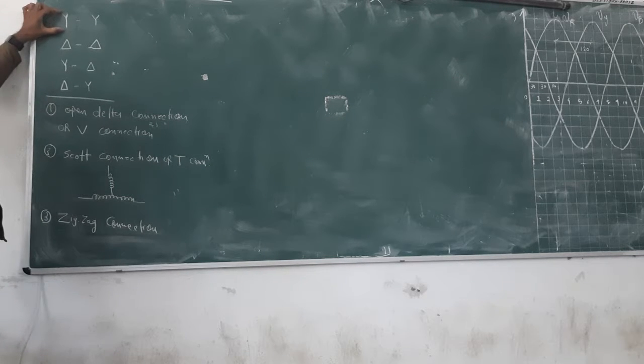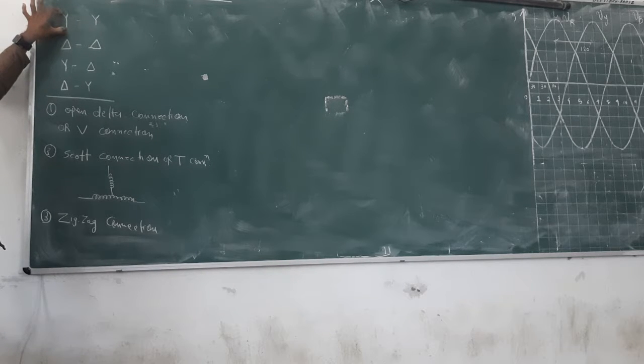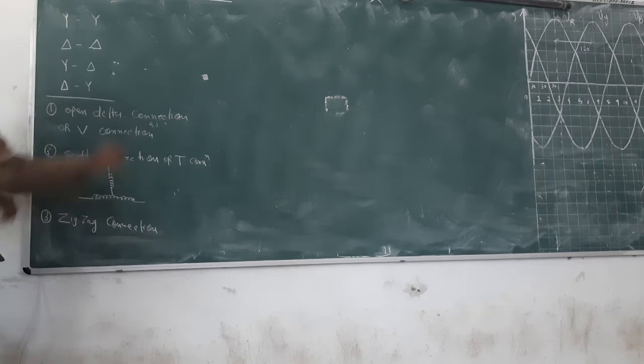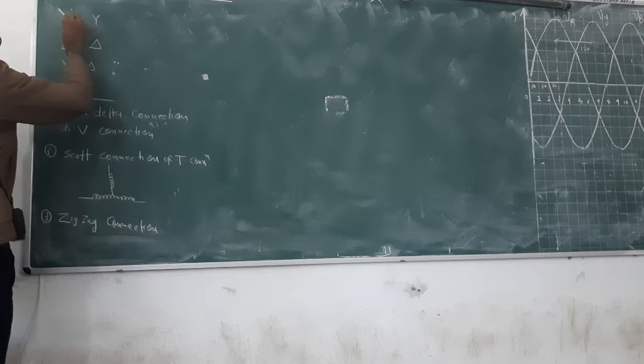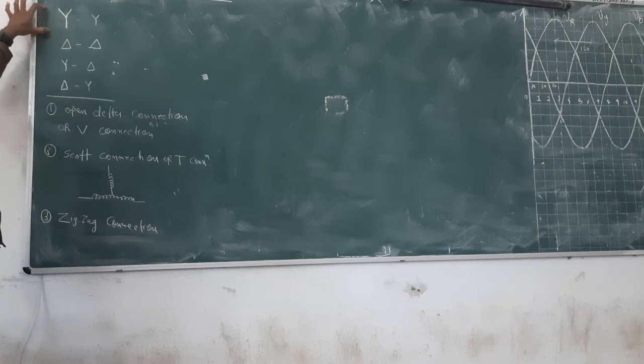You give three terminals, so one is here, another is there, the third one is there, and that will be the line voltage. So whatever voltage you give to the line, inside each and every line there is a phase, phase and phase. Two phases together become a line.